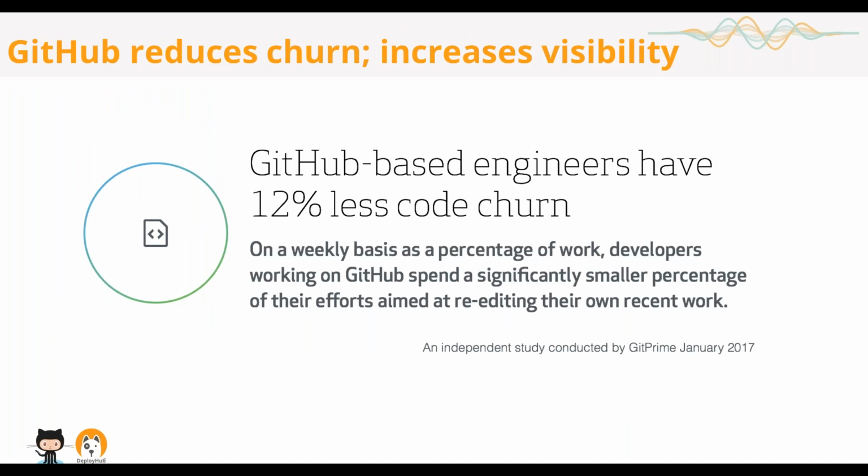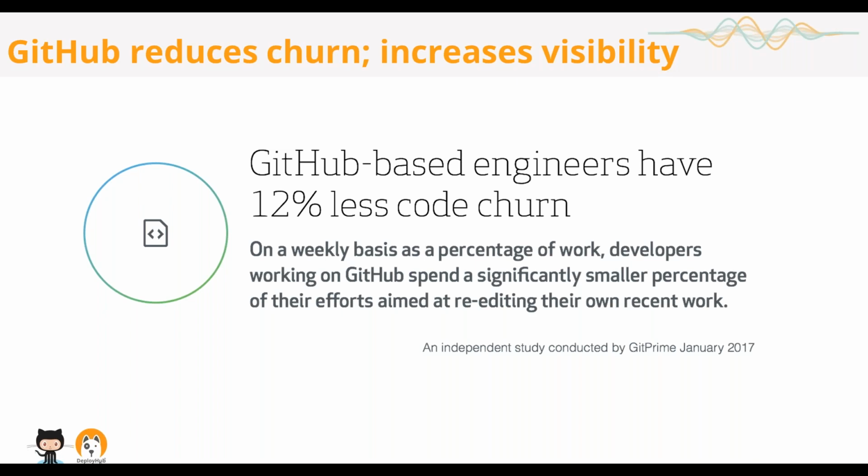Because when we start building that transparency and that visibility into that pipeline, what we can see through independent study is that this actually reduces developer churn and increases visibility. I'm not sure if a lot of you are familiar with Git Prime, but essentially they are a Git-based research organization that does a lot of metrics and a lot of software based on Git itself.